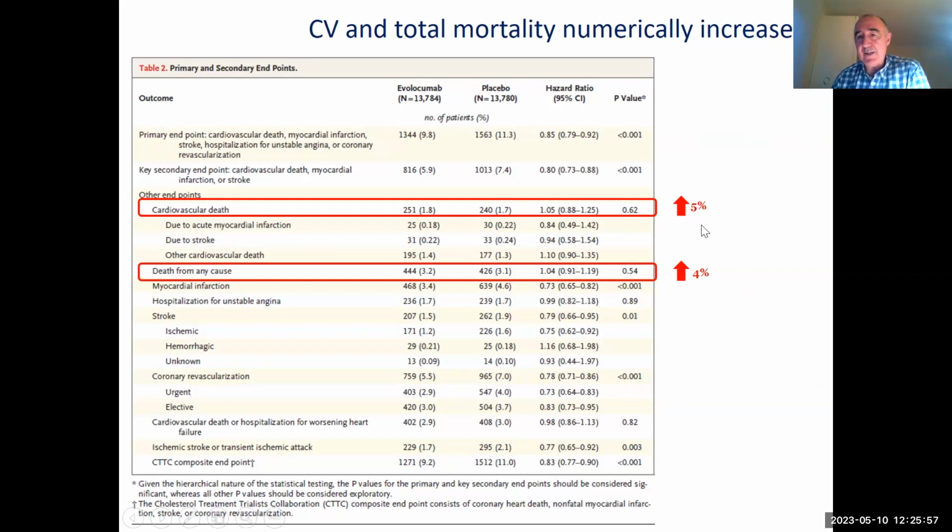There was no significant difference, but there was a 5% increase. And likewise, death from any cause was also increased by 4%. So this is rather inconsistent because if the drug was effective to reduce cardiovascular events, it is rather rare that cardiovascular mortality was increased instead of decreased, right?